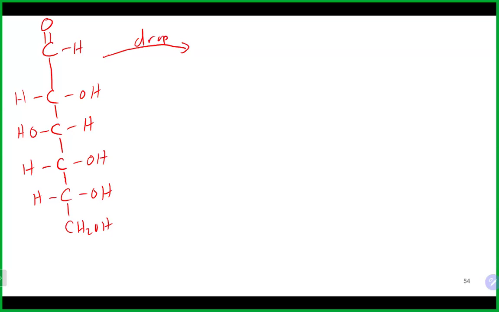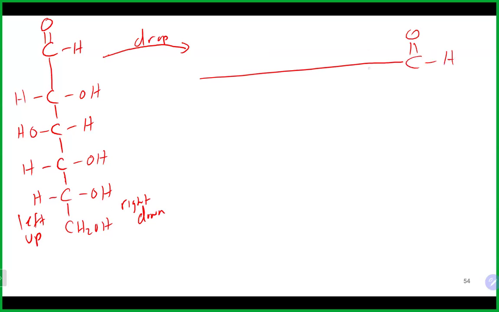If you drop it over, as we talked about, everything on the right-hand side will end up down, and everything on the left-hand side will end up upwards. And if you do that, you'll end up with something like this.